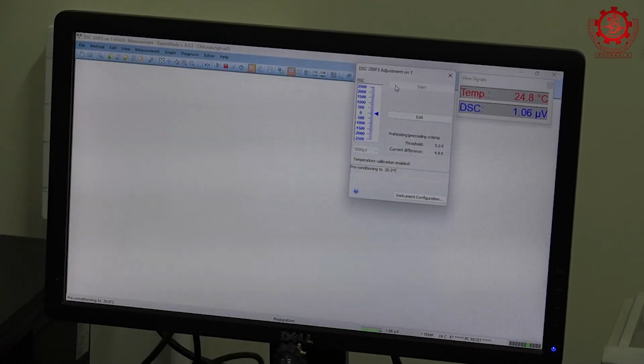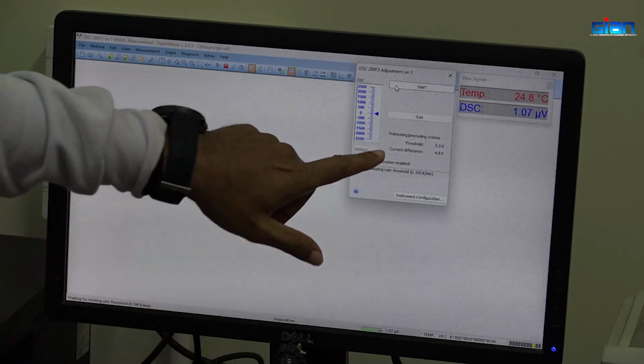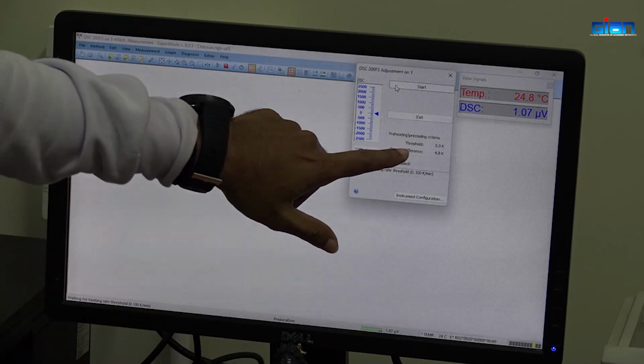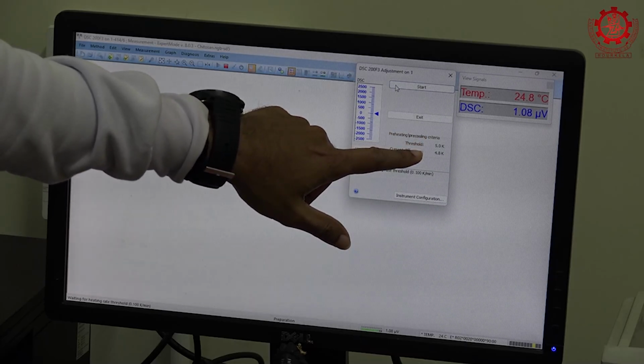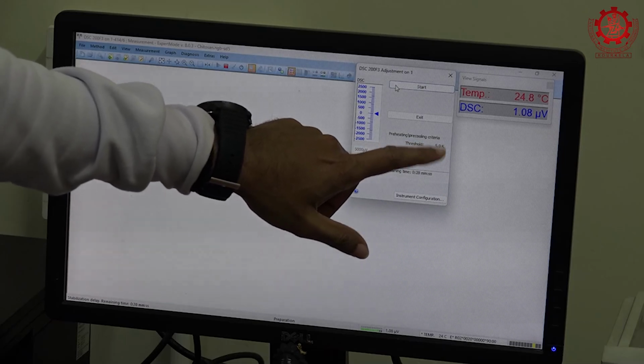Now we'll start the program. Here you see there is a difference in the temperature, and there is a threshold. Threshold is 5 degrees Celsius. When it reaches that, then it will start.